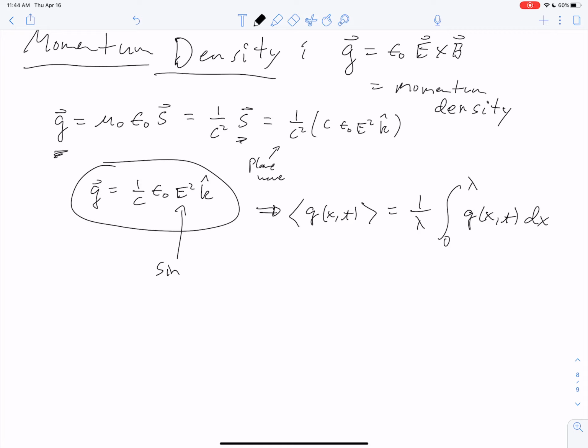I'm going to get an E naught squared sine squared of kx minus omega t. And so when you do your math, you're just going to get the same answer.